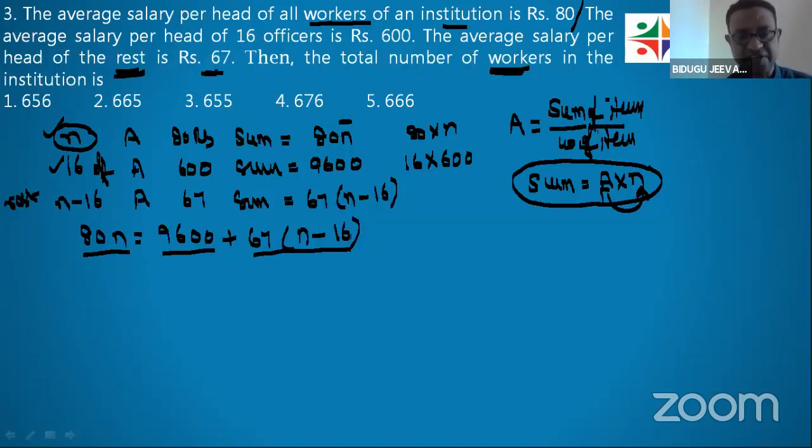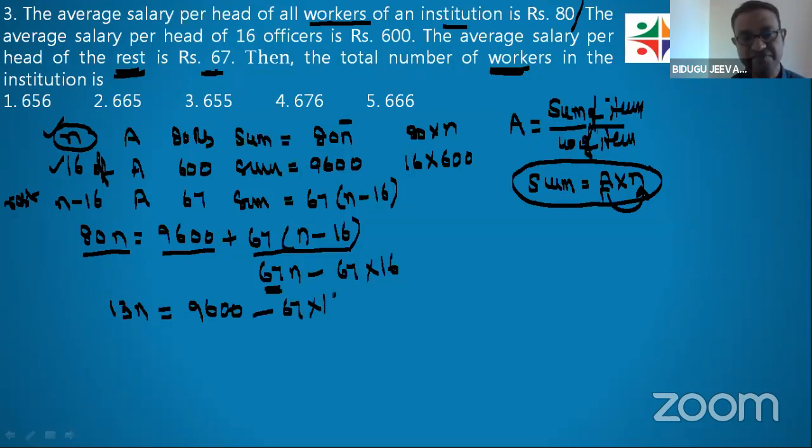Great. Let me simplify. Simplification always shows the smartness of the person, right? So this is 67N minus 67 into 16. I'm not multiplying here. This 67N, take this side, it will become 13N. Then 9600 minus 67 into 16. See, I'll take 16 common. If I take 16 common, this will become 600 minus 67, right?